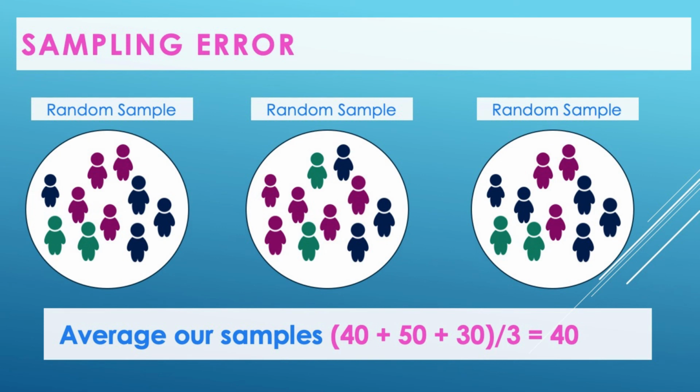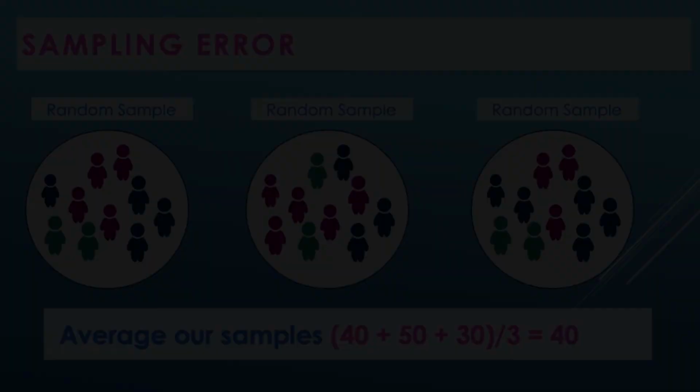Just to think of it this way, if we were to average our samples, their average support for Joe Biden, so one sample it was 40, the other 50, the other 30, if we added those up and divided by the number of samples we had conducted, we would estimate that the average of all of these samples was 40. The true population value must be somewhere around 40.